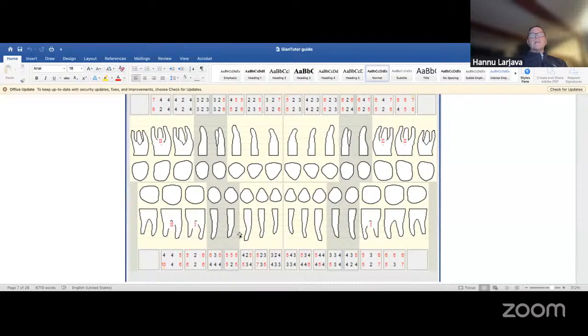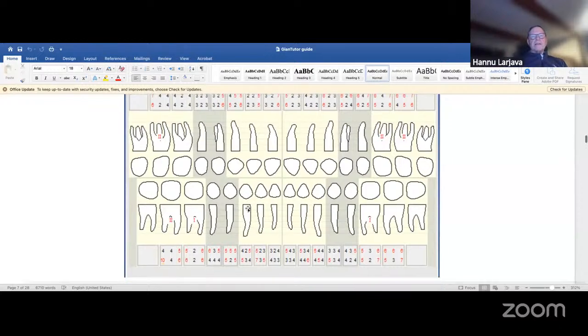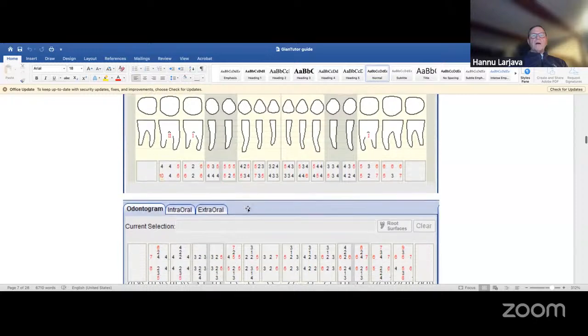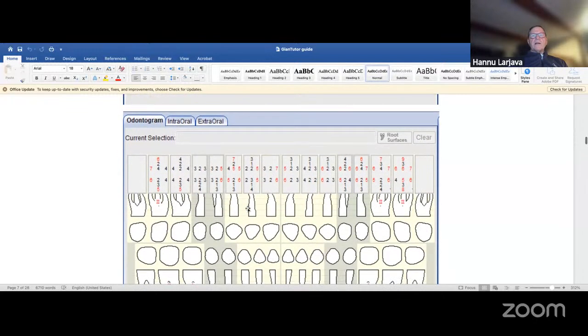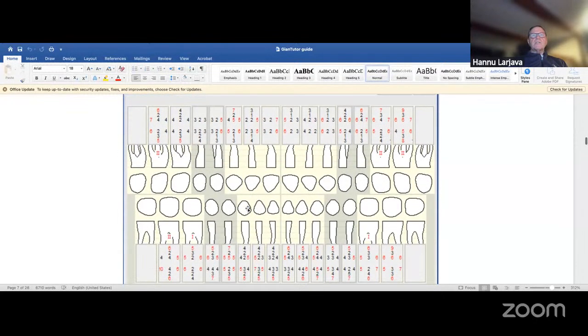So this is the Axium program that we use in the school, and different dental offices have different digital programs. This is one of those. And there's much more information, but it's simplified for the purpose of the case. So here are the numbers with the recessions.